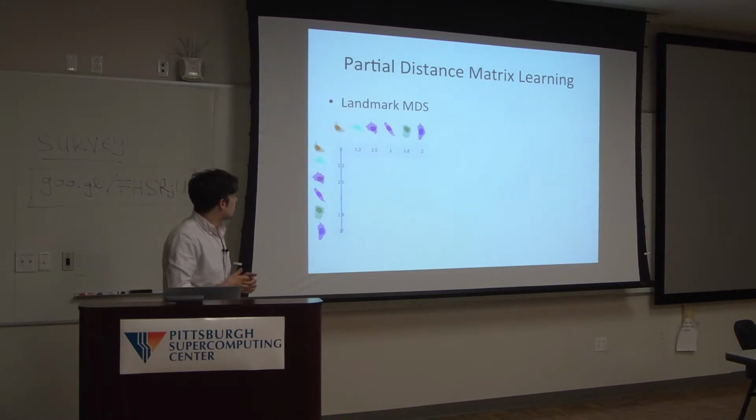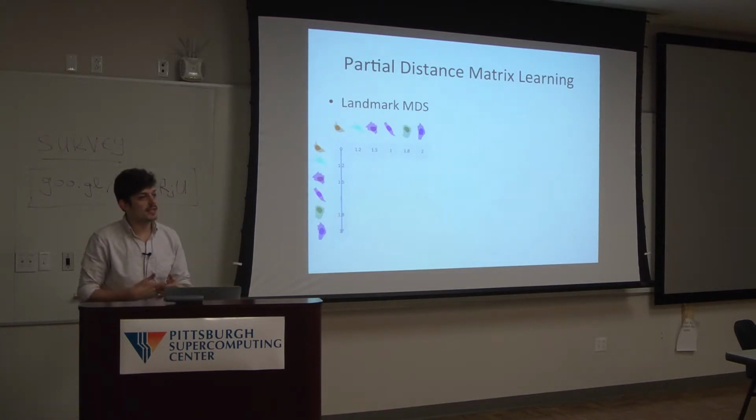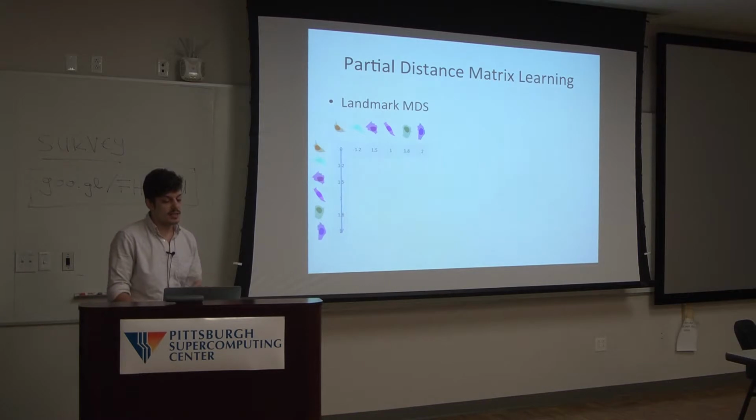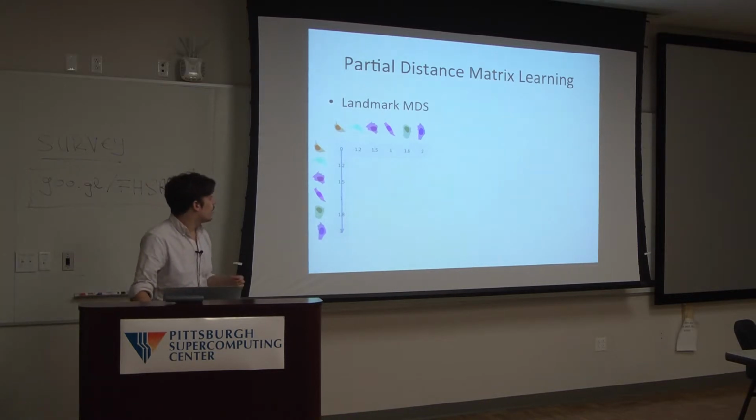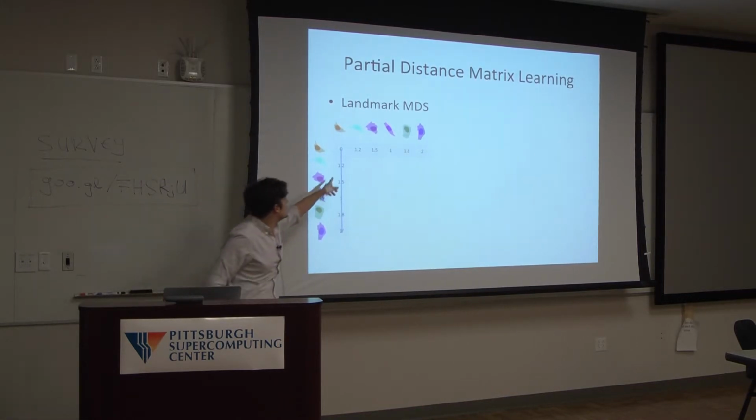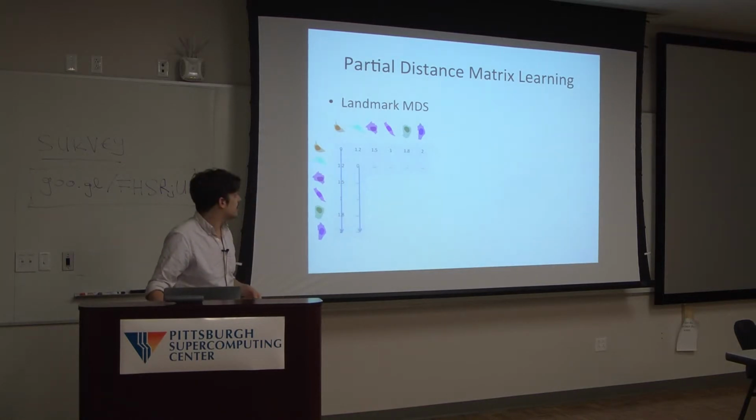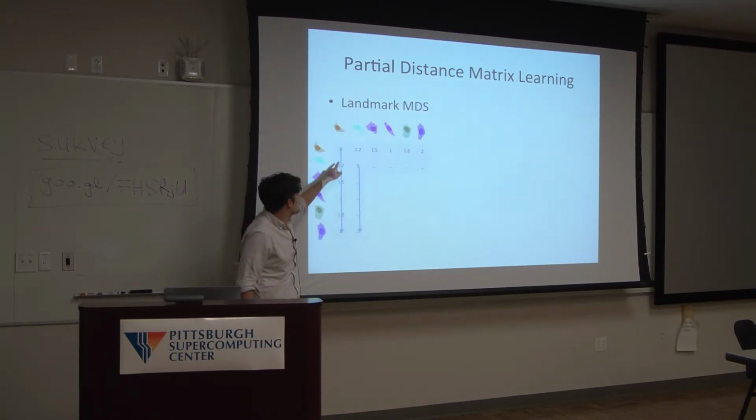So there are also alternate methods, such as landmark multidimensional scaling, where in the method that Bob described, we measure the distance from one cell to all other cells. And this continues. So now this is treated as a landmark cell.